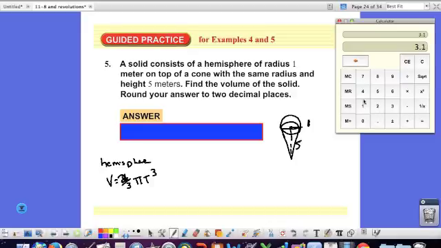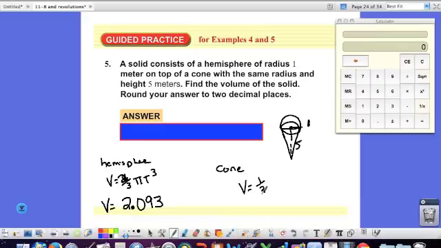Times 3.14 is 3.14. Times 2 divided by 3. So the volume of the hemisphere is basically 2.093. Even though this is round to 2 decimal places, I'm going to put 3 right here and then round again at the end.